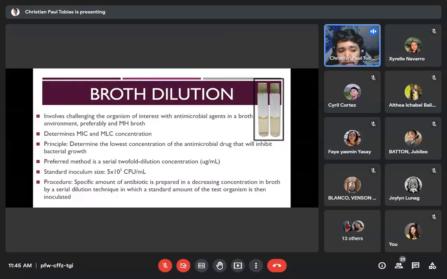Okay? Its principle: this determines the MIC, or the lowest concentration of antimicrobial drug that will inhibit bacterial growth. So this is the preferred method. Preferred method is a serial twofold dilution. When we say serial dilution, pababa ng pababa yung concentration.